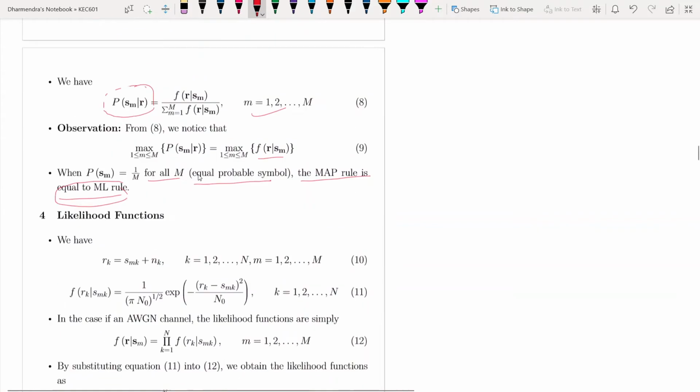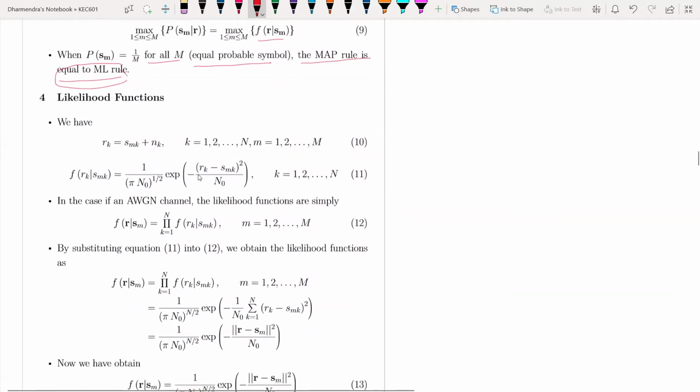Now we'll discuss the likelihood function. As we know, Rk is equal to Smk plus nk. So this conditional R given Smk is a conditional random variable of Gaussian nature, whose mean is Smk and variance is N0 by 2. So we can write the PDF like this.